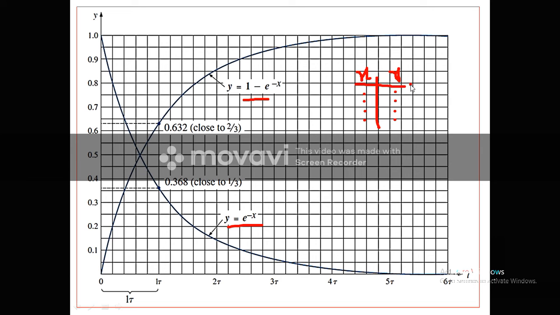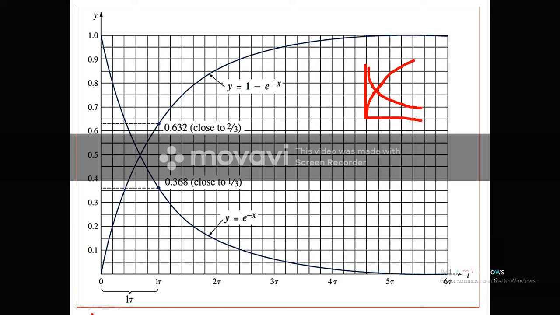Then later on draw these values manually or by using some graph simulator, that is MATLAB or an Excel sheet. You will get 1 minus e to the power minus x like that, and e raised to the power minus x like that.